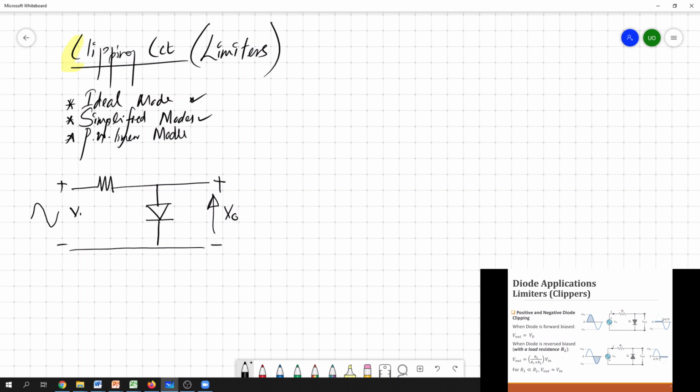This is your Vi. So you have a resistor, and you are asked to evaluate the output voltage.